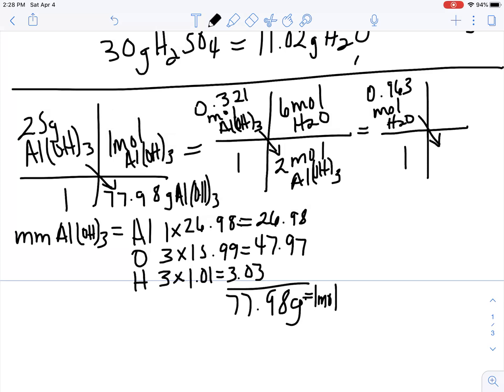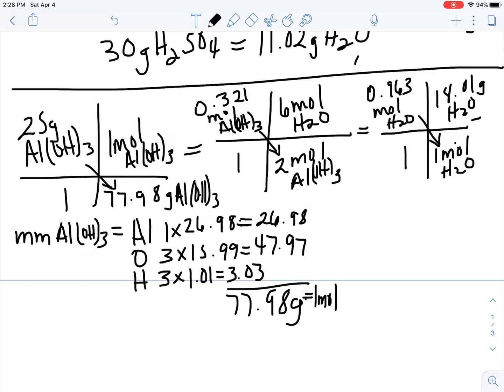All right. So 1 mole of water, we learned from the top one, of H2O is equal to 18.01 grams of water.